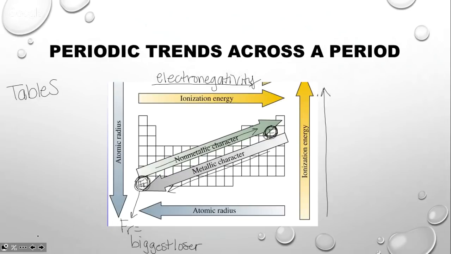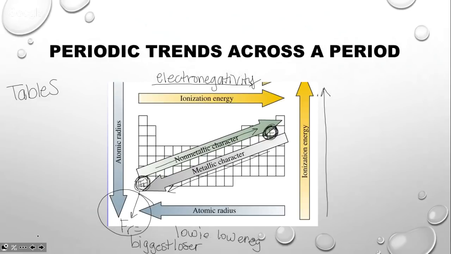If we remember francium is the biggest loser, and fluorine is the opposite, that means atomic radius is really big over here and small here. Francium loses electrons very easily. That means low ionization energy and low electronegativity.